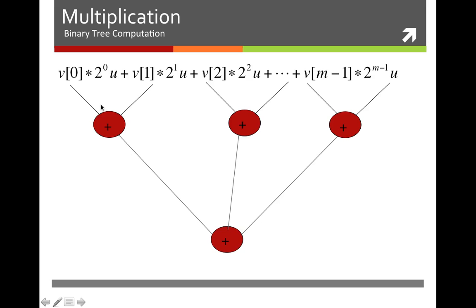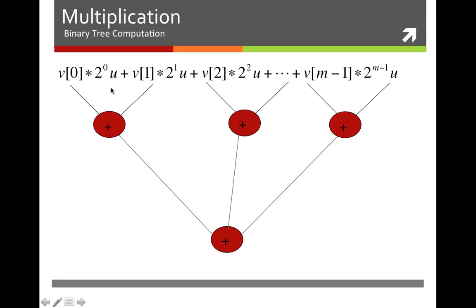Since there is a total of m terms, as you can tell by looking at the indices 0, 1, all the way up to m minus 1, the width of this tree at the top is going to be m. If you're doing a binary reduction all the way down to the bottom, you're going to have log m levels of computation, where m is the number of bits in v, and the size of the addition, of course, is critical, as we'll see.